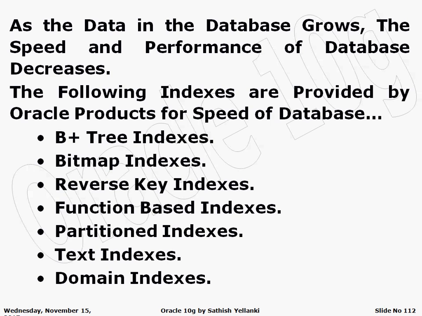Whenever I am reading some data from my database, these indexes will always help me in increasing my performance on my query processing. Oracle is the first database management system software in the world which started providing multiple different types of indexes, where the fundamental indexes in Oracle are B+ tree indexes. Wherever B+ tree indexes cannot provide the facility for better performance, then in different kinds of situations you can go for different kinds of indexes: bitmap, reverse key, function based.